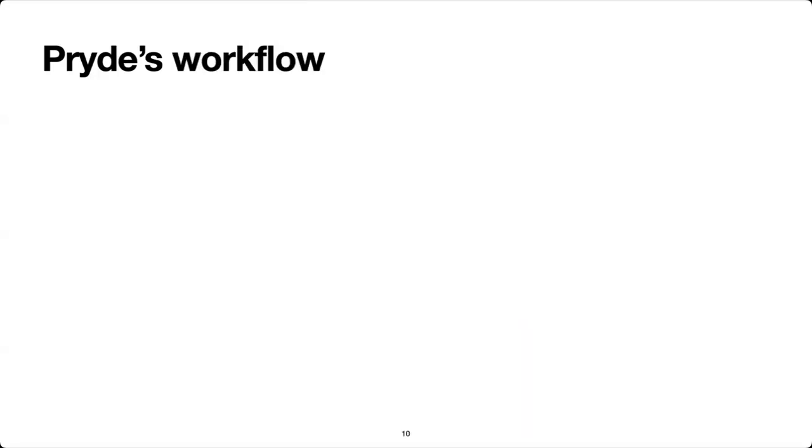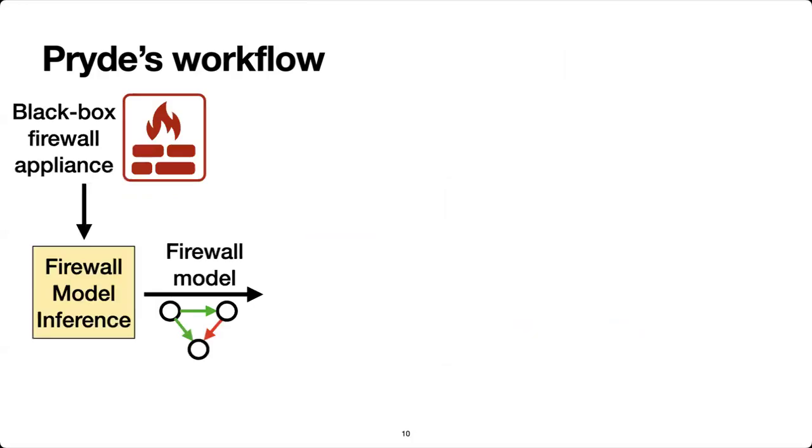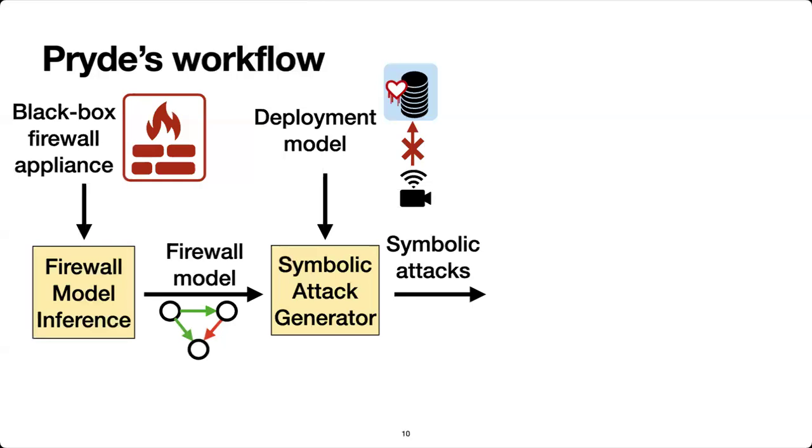So let me give you an overview of what the Pryde workflow looks like. Pryde takes a black box firewall appliance as an input, which is given as input to the firewall model inference module, which then produces a firewall model using only black box access. Given this firewall model and a model of the network deployment, the symbolic attack generator generates a set of symbolic attacks.